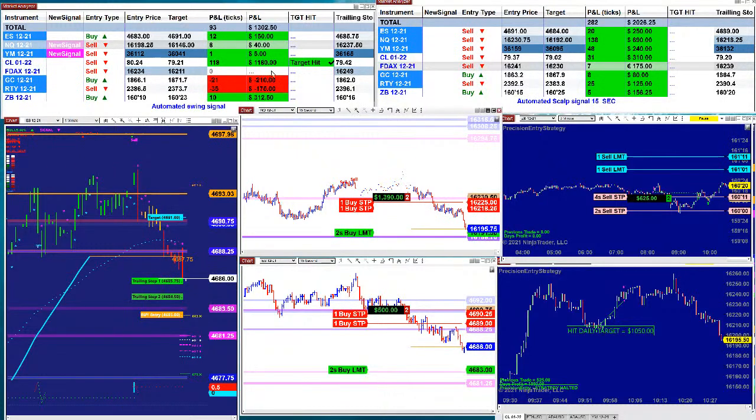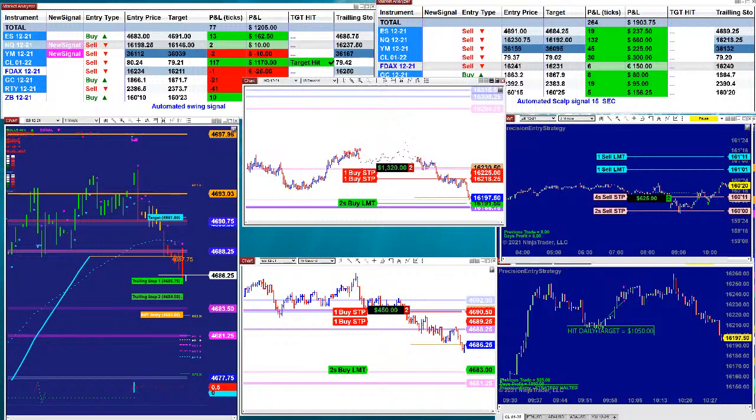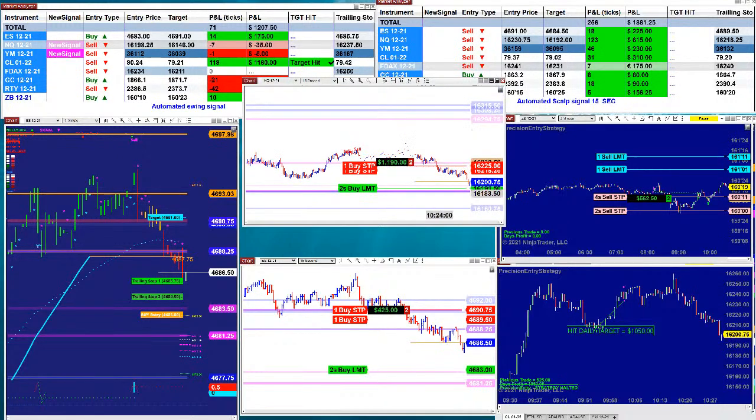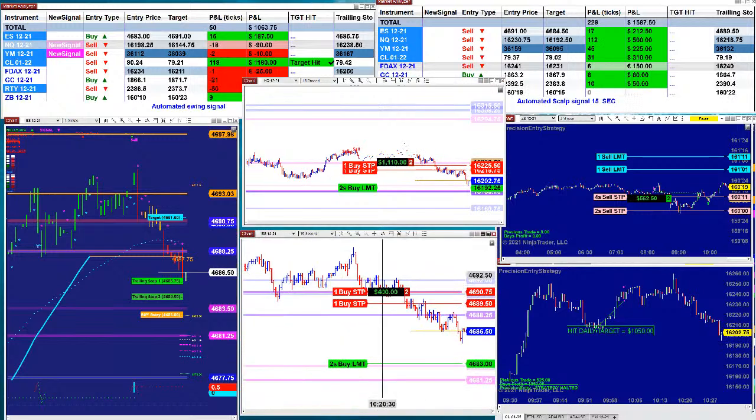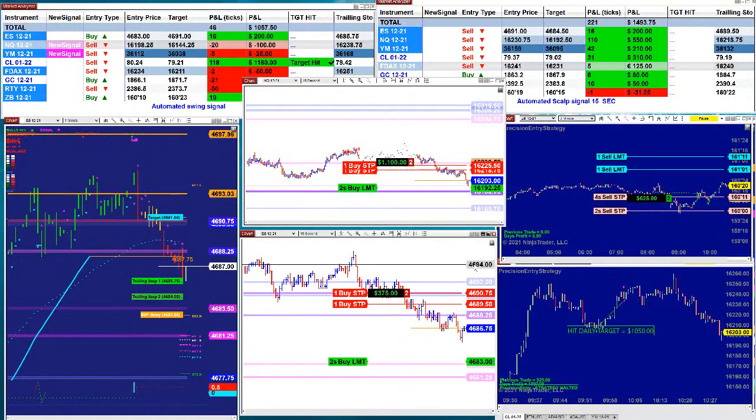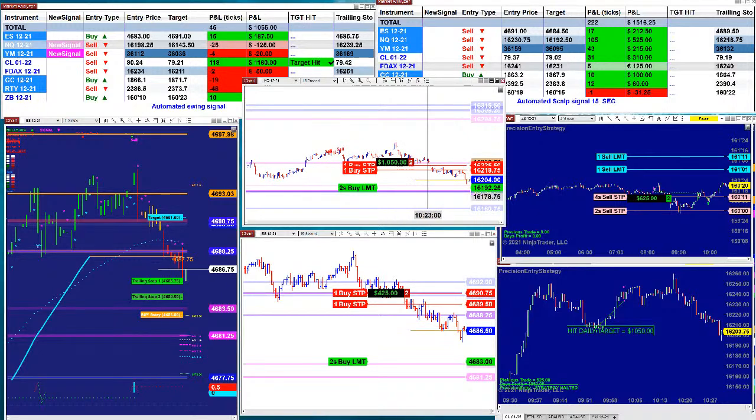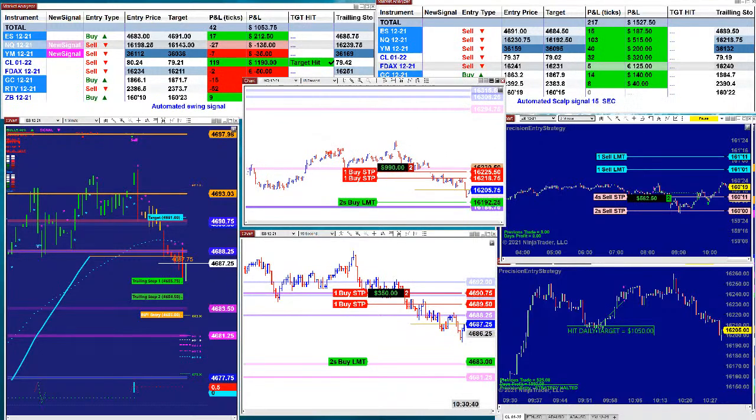On that system, you don't have to extend the target. If the market is trending, the target is going to extend itself automatically, and it has not. And there we go, we have some pullback.